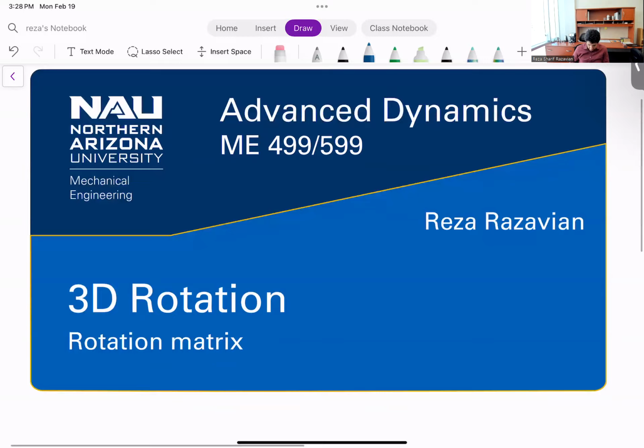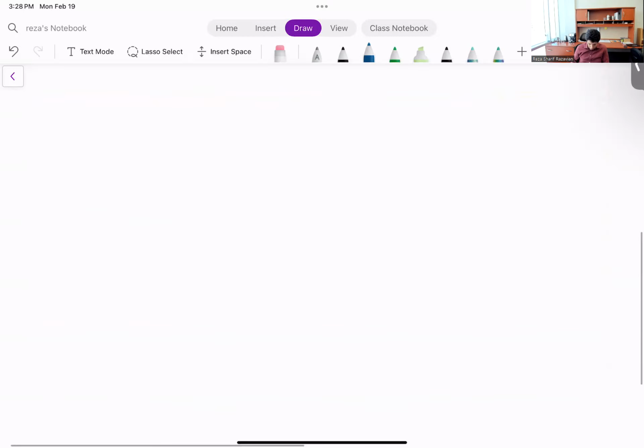So let's see. First of all, let me define a rigid body. It is useful to have a definition.